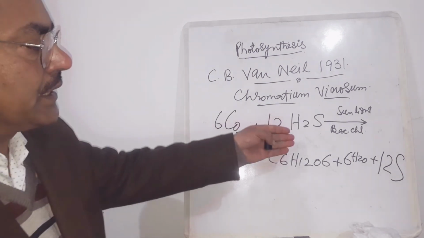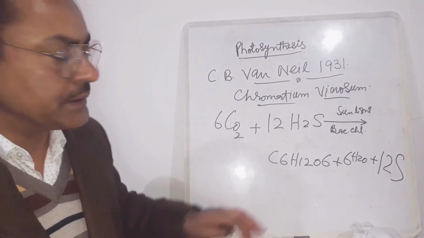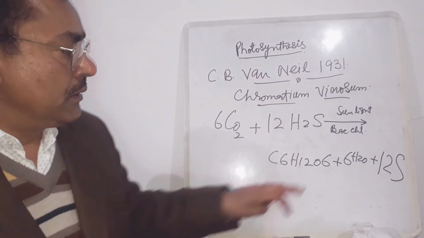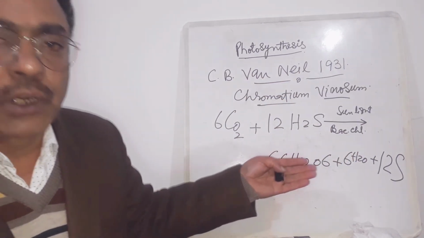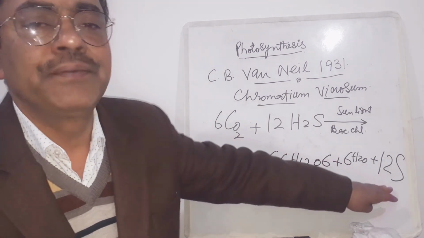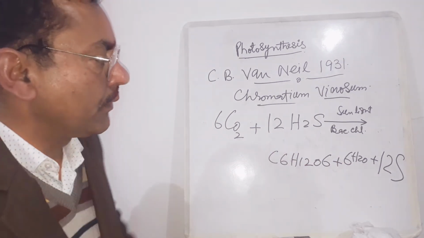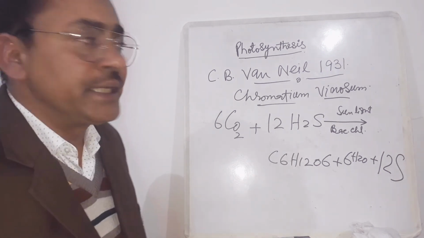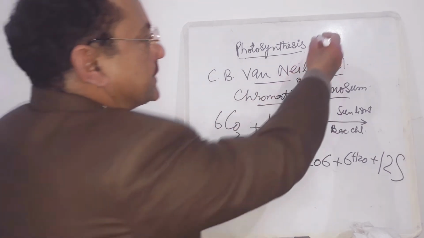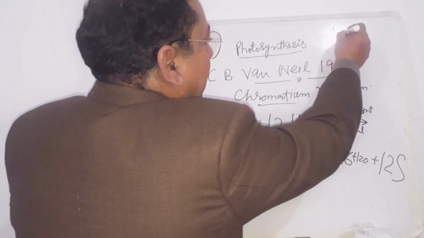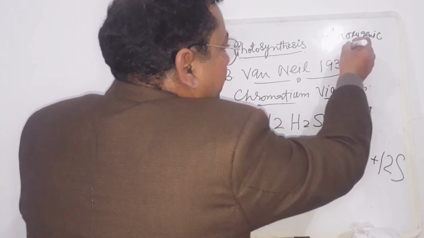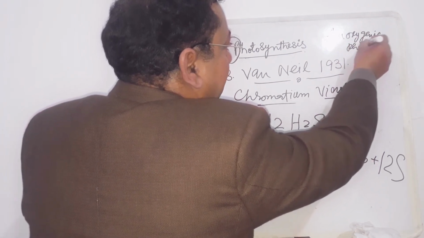So you see that in this bacterial photosynthesis, as per this equation written by van Niel, no oxygen is evolved, rather sulfur is released. And he called this an anoxygenic type of photosynthesis. Why anoxygenic?